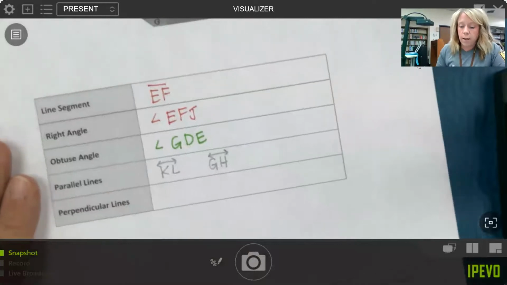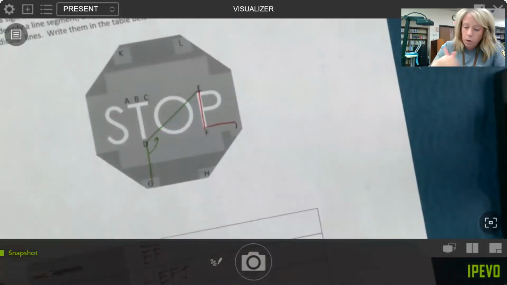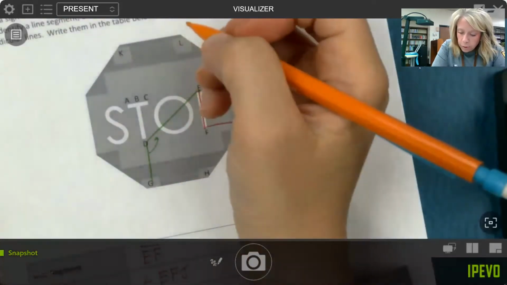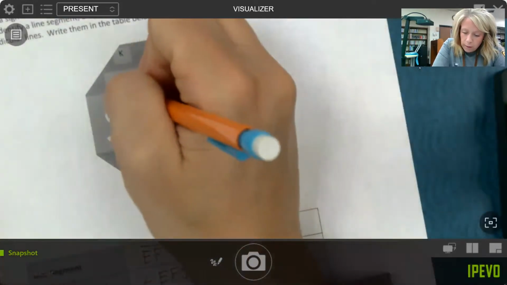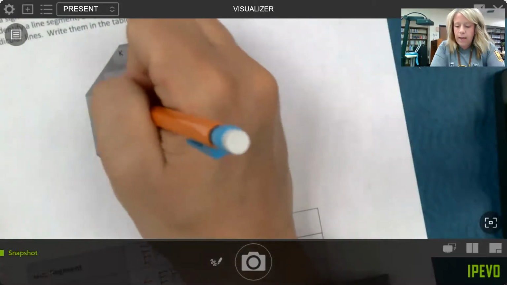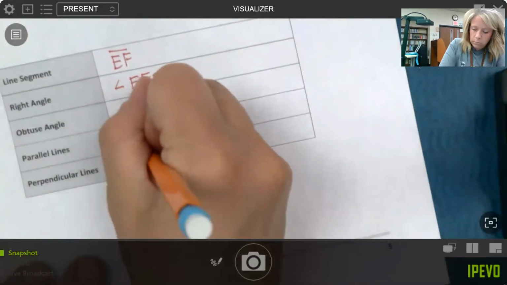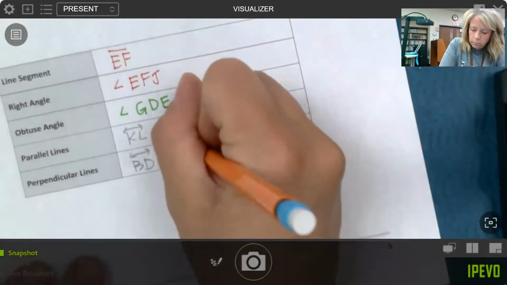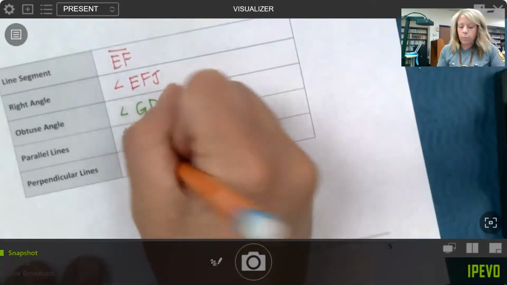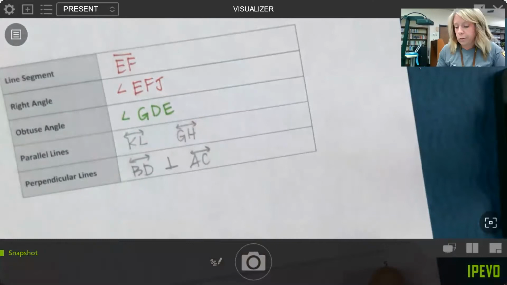So 2 lines that intersect and form a right angle. So I might do line BD and line AC. They're intersecting. Perpendicular, they will touch and they form a right angle.